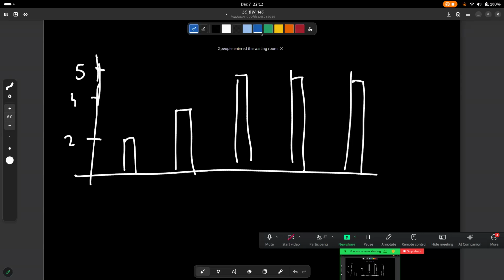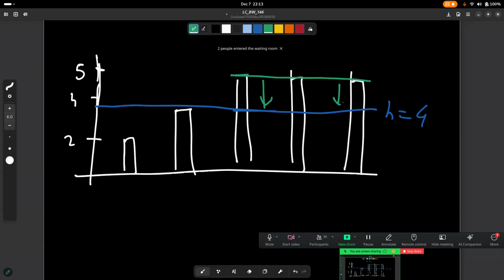When we do an operation, we select an edge, so this is supposed to be a horizontal line. When we select h equal to 4, all the elements which are above h, these three elements, all of them come down to this line.